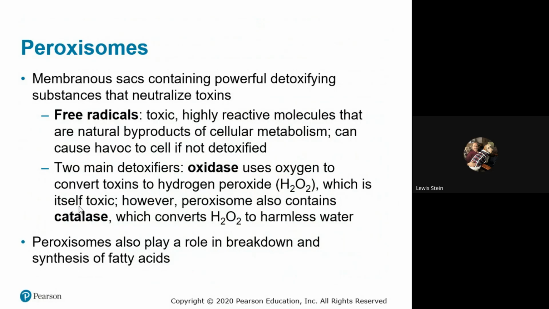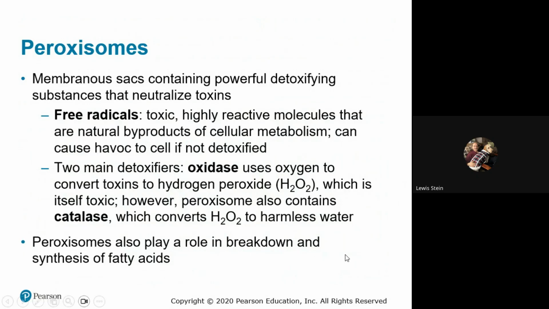Now you know why we've got to be careful when you put peroxide on an open wound. I go over this again in micro, but you want to dilute the peroxide. Just get some water, tap water, about 1 to 10, 1 ounce to about 10 ounces of peroxide. It's still anti-infective.